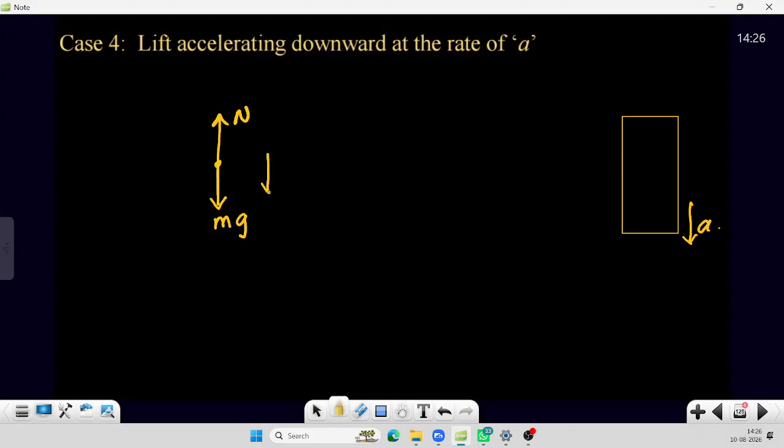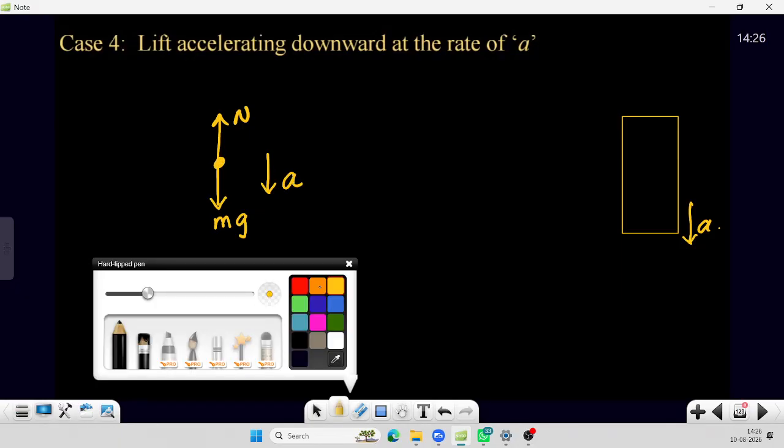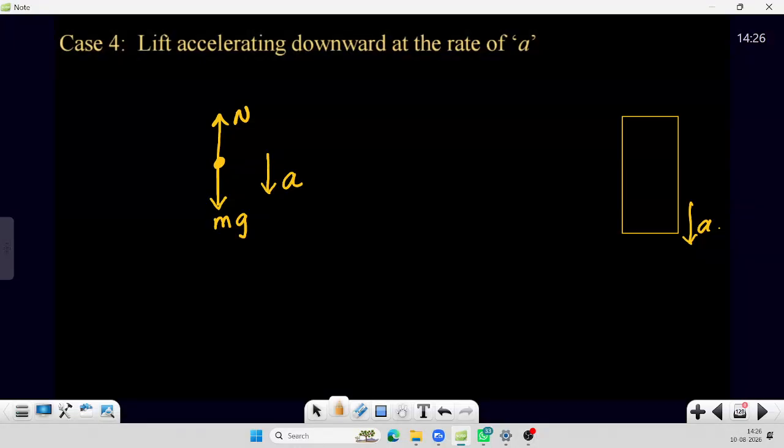The lift is moving in the downward direction. Tell me the equation now. What will come? The acceleration equals mg minus N by m. So in this case, N value will come to be mg minus ma.